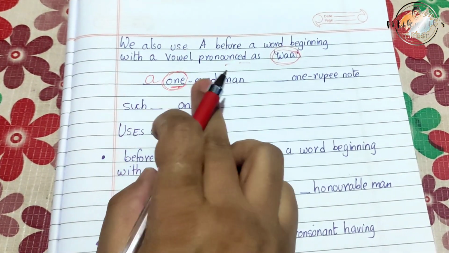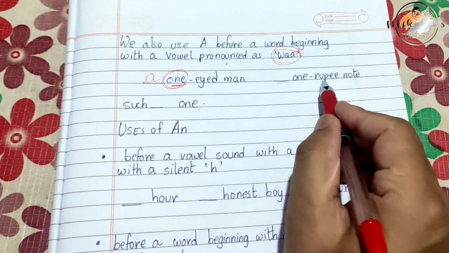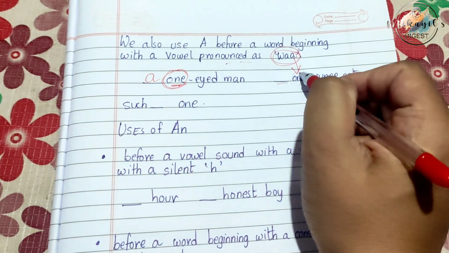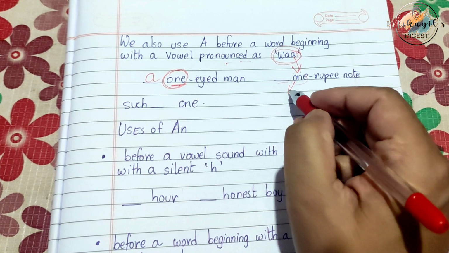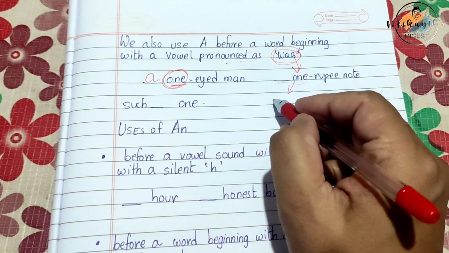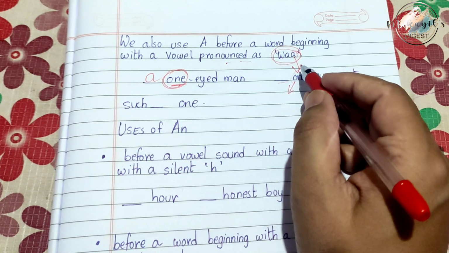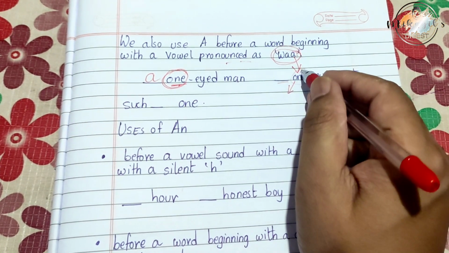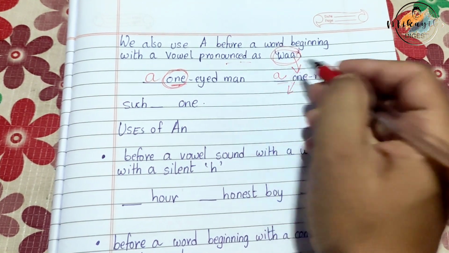So, a one-eyed man. Here too, a 1 rupee note. Again the pronunciation is w. Even though you have a vowel here, and actually we should be adding an according to the rule, because the vowel sound comes like w, we have to use a.